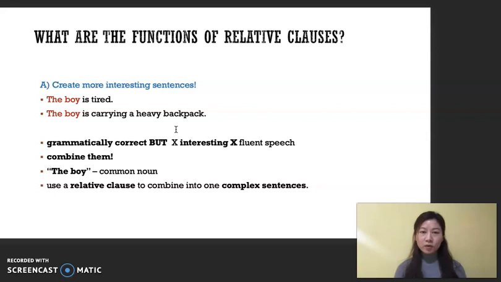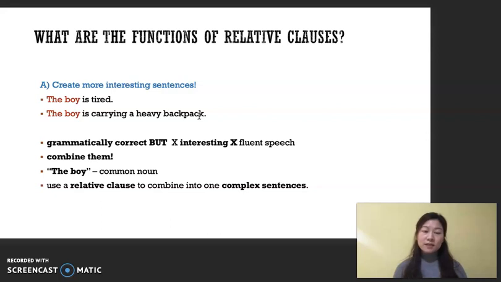So we got the boy in the first sentence, and then the same boy in the second sentence that is carrying a heavy backpack. Grammatically, both are correct, but not very interesting. It's also not very good for fluent speech. If you're talking, the boy's tired, and the boy's carrying a heavy bag, and the boy is this, and the boy is that. So let's combine them.